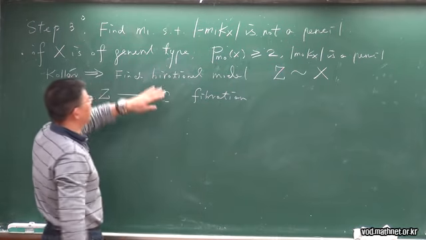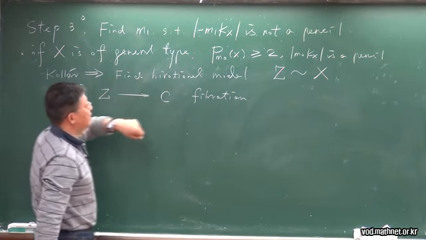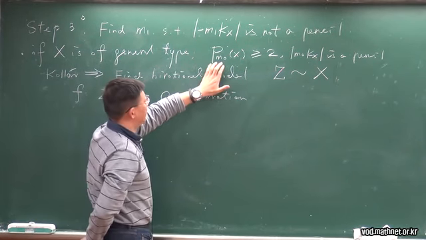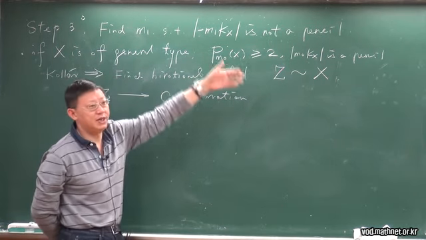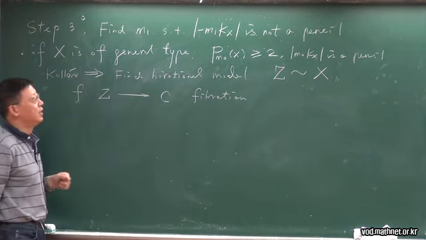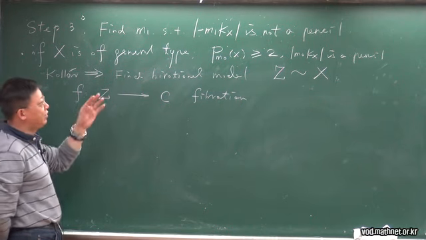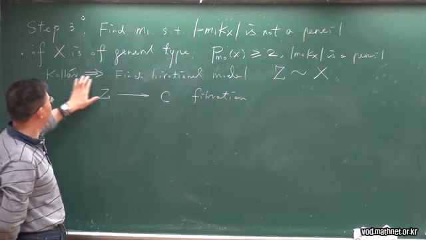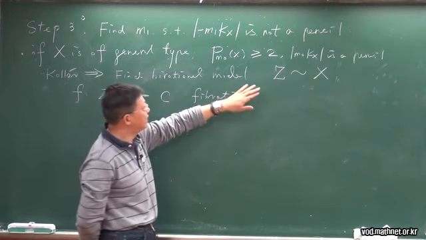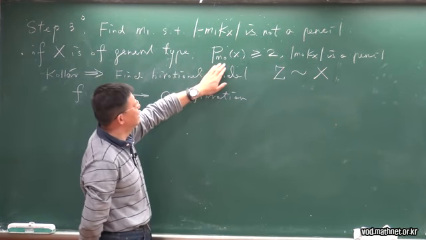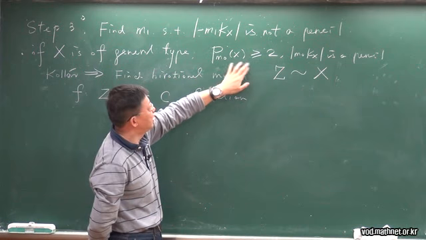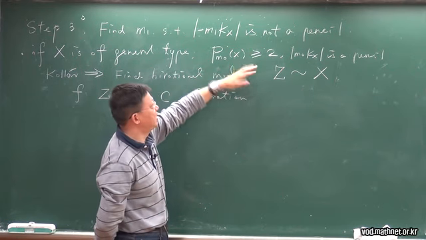We know that for general type, we can estimate P_m0, and it can be very large. Suppose m0 is large. But the point is, you have to find some integer so that m1 K is not a pencil. If this is already not a pencil, then it's okay.